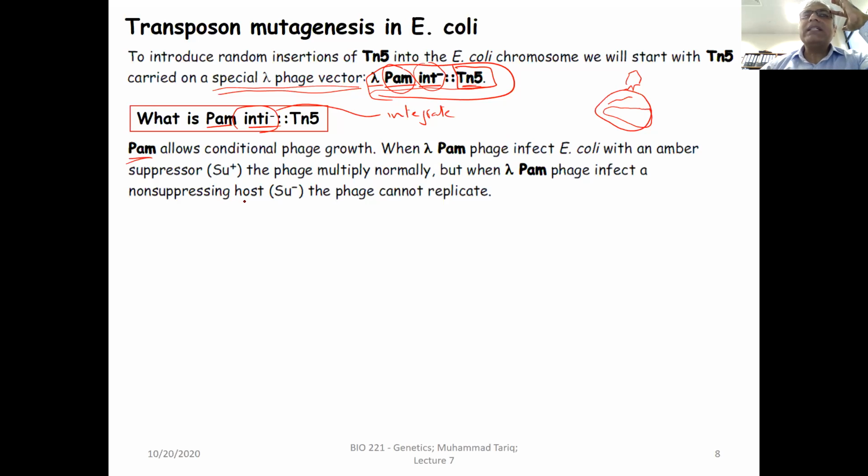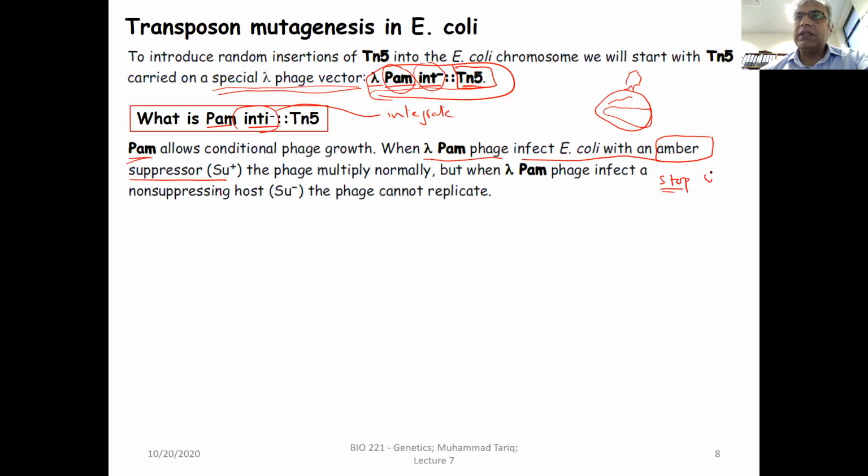These mutations in bacteriophages were very specialized. For example, when lambda Pam phage infects E. coli with amber suppressor. Now, what is amber? You know the stop codons?